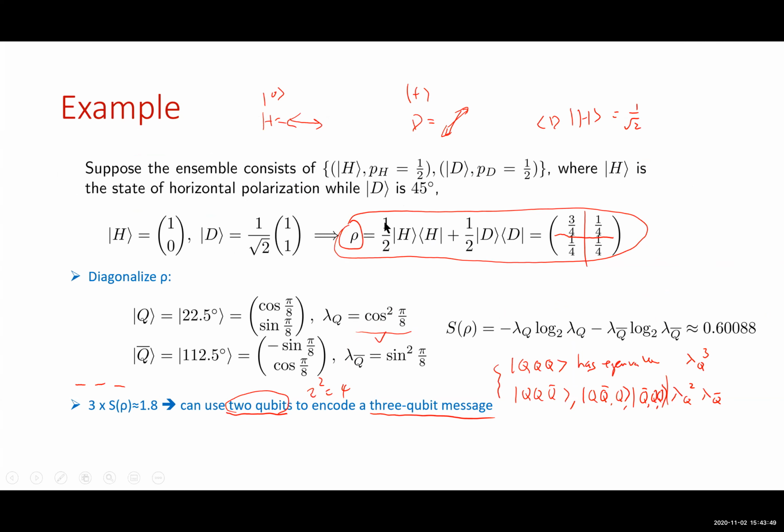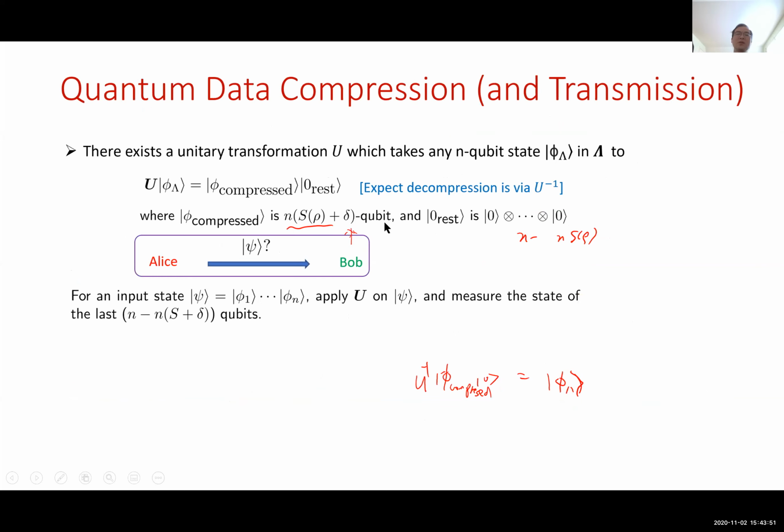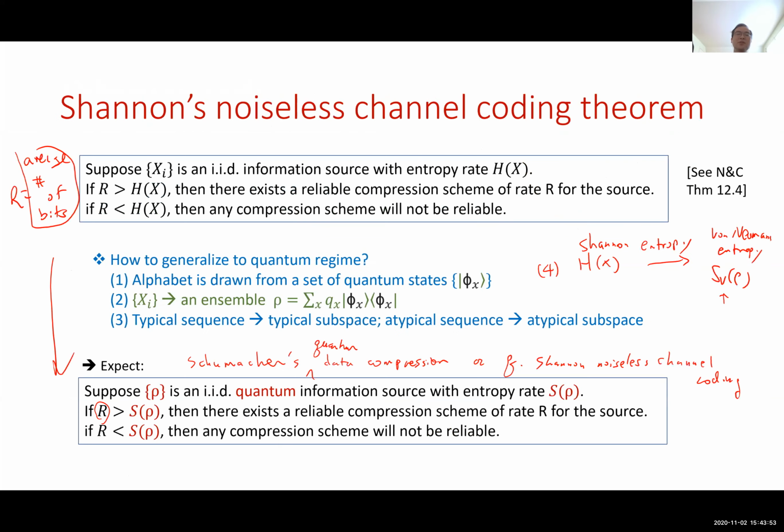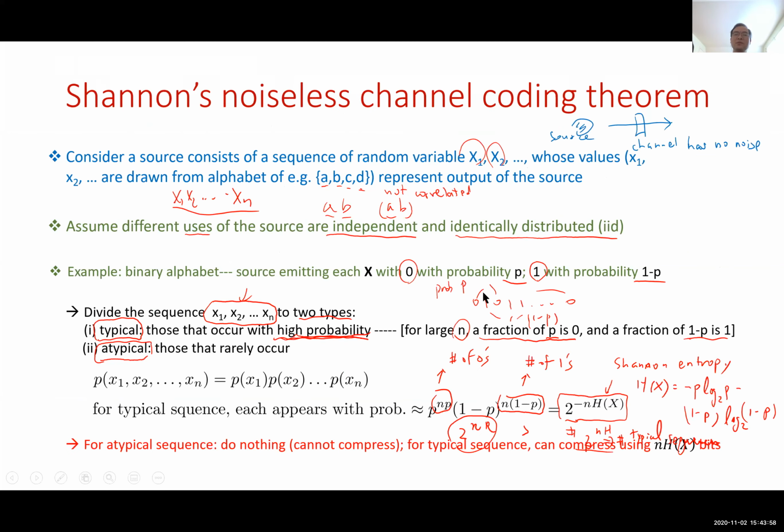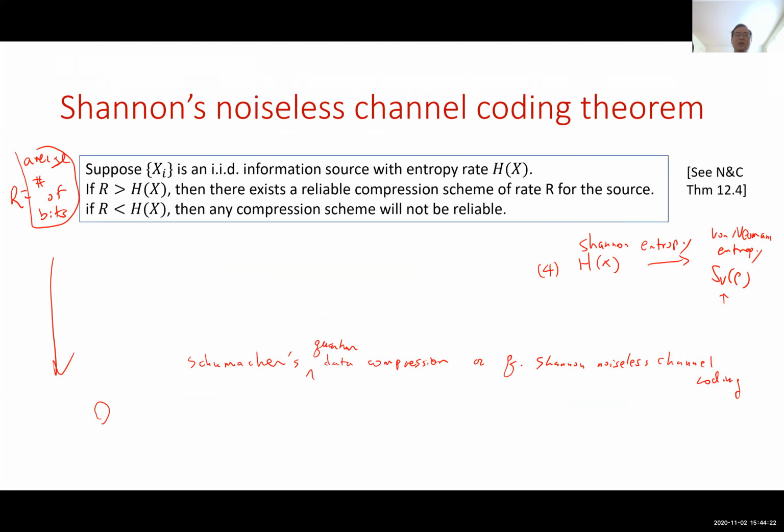In the previous Shannon case, I can always send you 1, 1, 1, 1, but then on average, if I don't know what you're sending, maybe I will not be able to compress. But if I know you are sending 1, 1, 1, I could just tell the other party that you are always sending that.